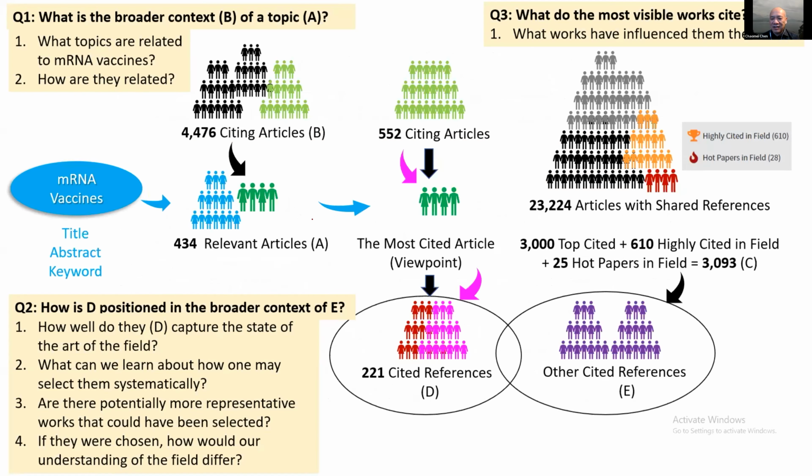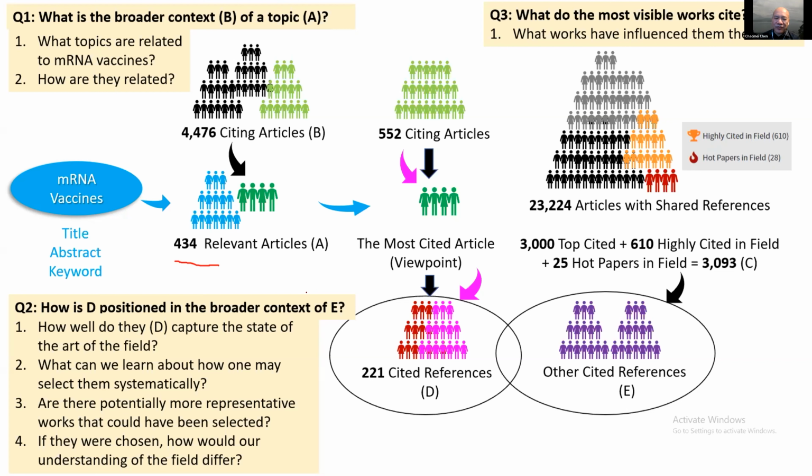So in this chart, I want to illustrate some of the complexities I put into this science mapping behind the scene. We're looking at the data, and how can we select those relevant data. One example: suppose we're interested in mRNA vaccines, and there are lots of papers. If you do a keyword search, at that time it gave us 434 relevant papers.